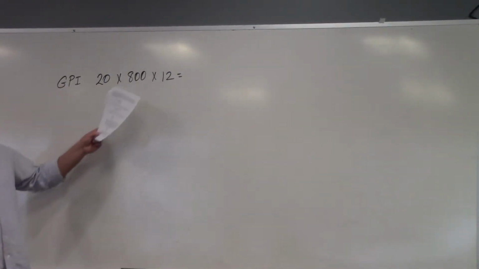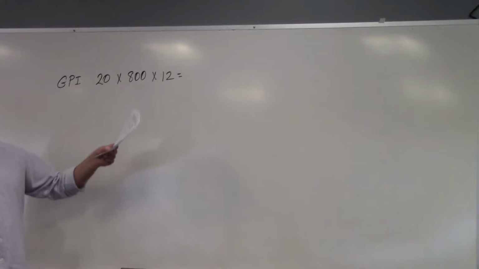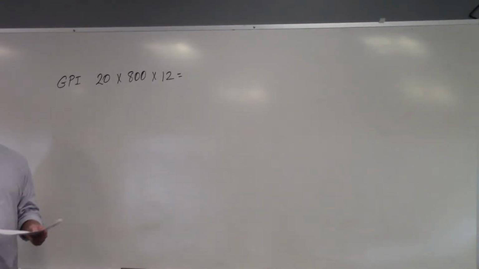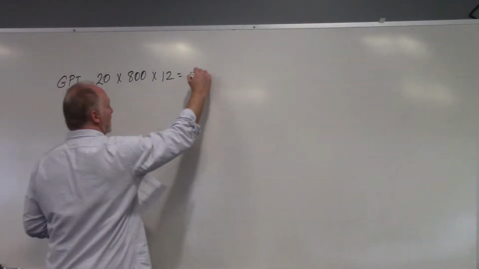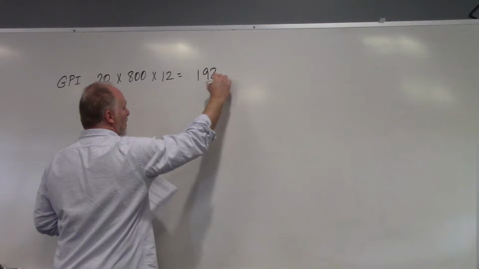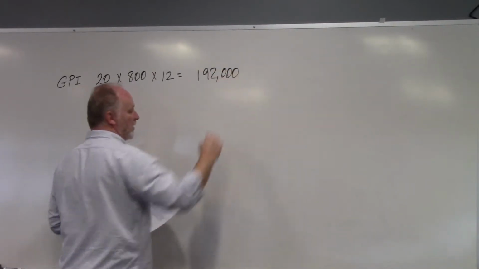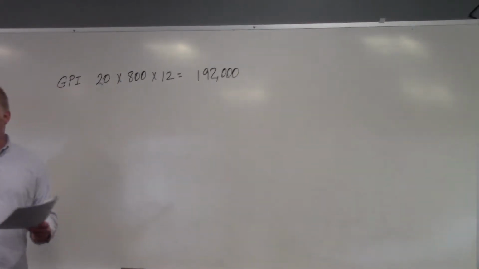So 20 times 800 times 12, because there's 12 months in the year, is going to give me a total of how much potential income? $192,000. $192,000 potential income. Did I miss anything, or do we have everything we need there? So far, so good? Okay.